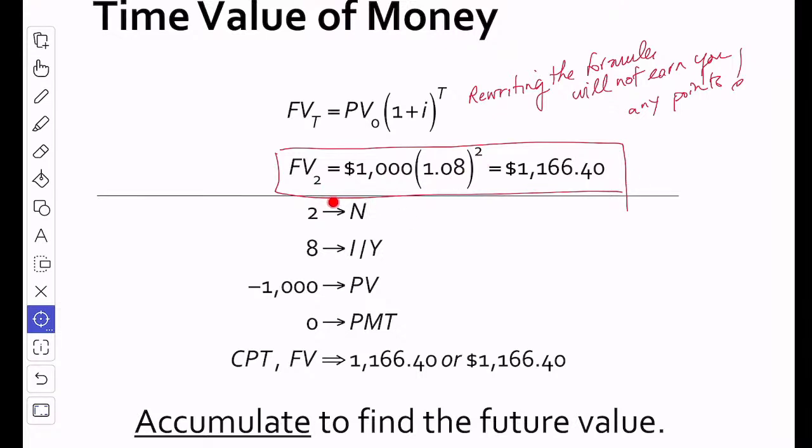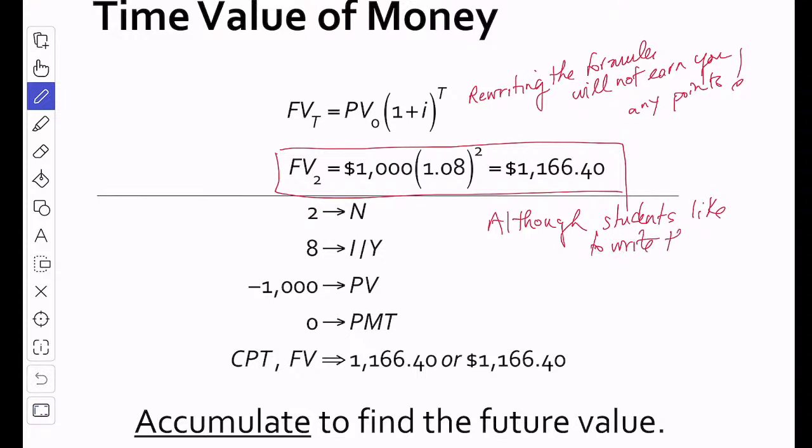Now what's here is how you enter this into your financial calculator. Also, this will not earn you any points, although students like to write this on their test, you're not going to get any points for it.